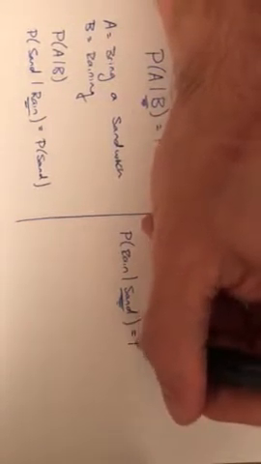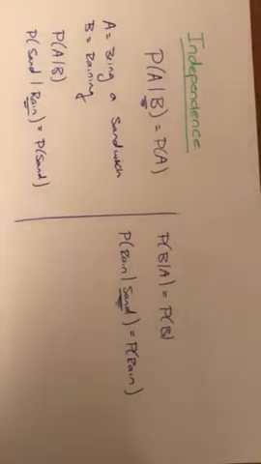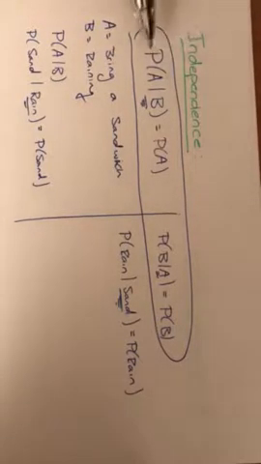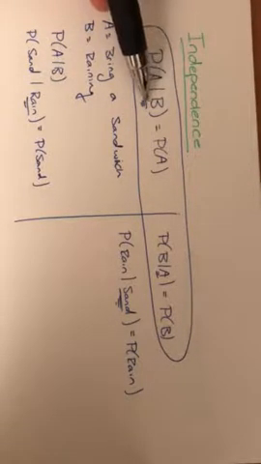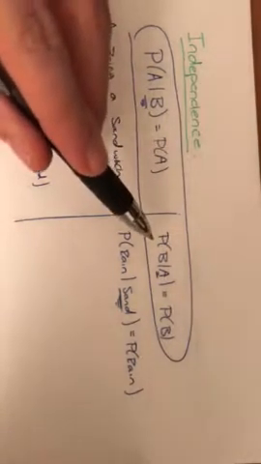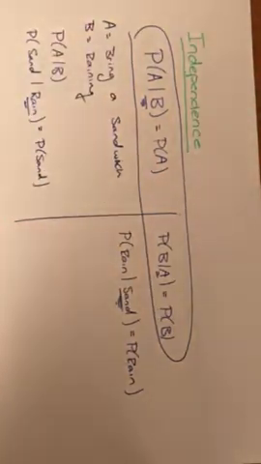So the probability of it raining should not change. Okay, so if they ever tell you to check for independence, you have to check both situations. The probability of A given B should be the exact same as the probability of A, and the probability of B given A should be the exact same as the probability of B.